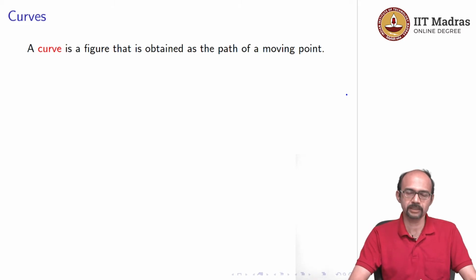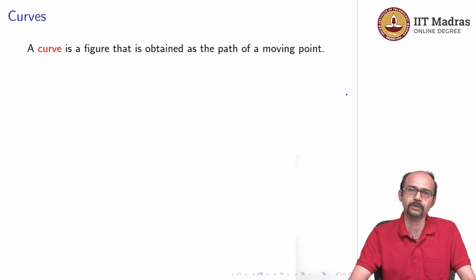I am not defining this explicitly. The mathematical definition is slightly more complicated than you would think it is. So I am going to give you a heuristic picture, and probably most of you have a heuristic picture of what a curve is. A curve is a figure that is obtained as the path of a moving point.